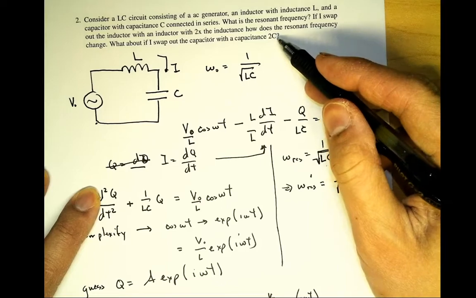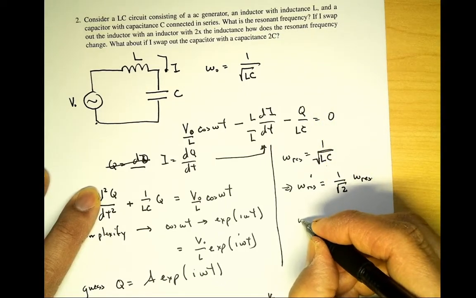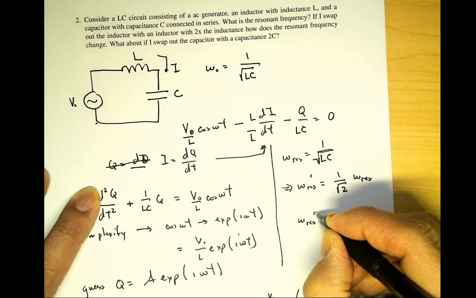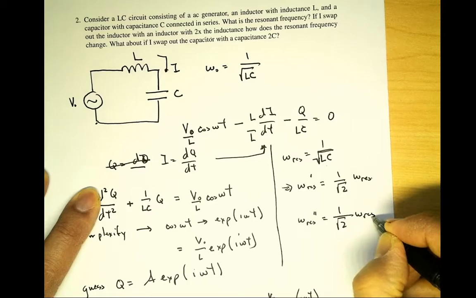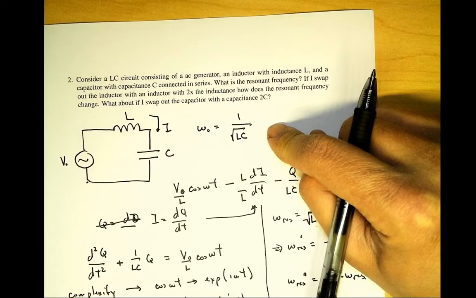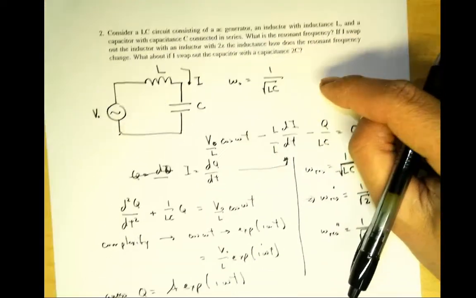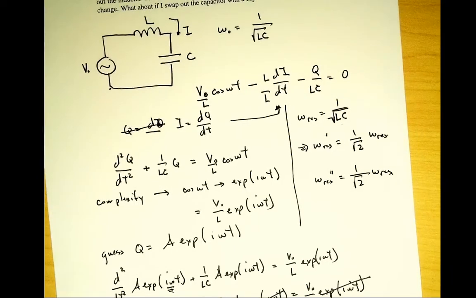Now, if I swap out the capacitor for 2 times the capacitor, the same thing happens: omega resonant double prime is equal to 1 over the square root of 2 times omega resonant. That was very simple. You could have gotten it from the formula if you knew the form of the resonant frequency, but if you don't, go through all this and you can get it that way as well. And that's it.